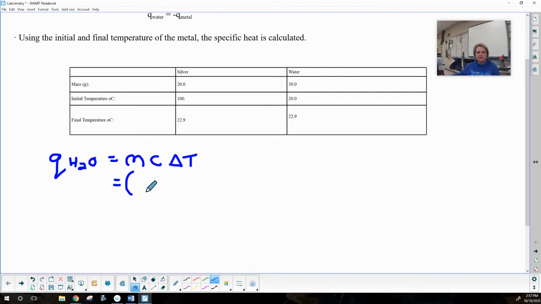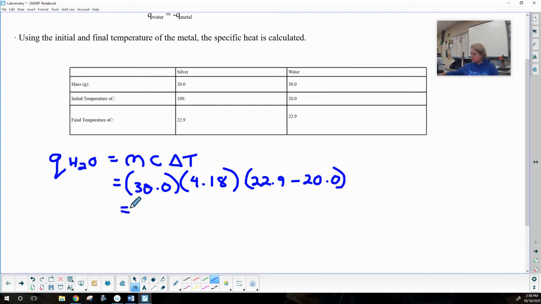And I know my mass of my water was 30. I'm going to call it 30.0 to do 3 sig figs. My specific heat is 4.18. And my final temperature was 22.9. My initial temperature is 20.0. So I'm going to throw all of that into my calculator.